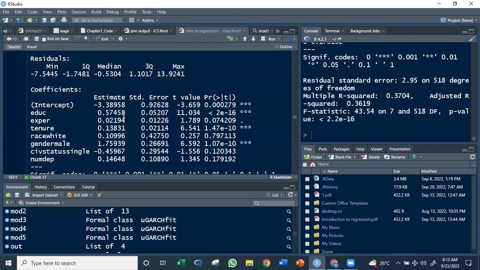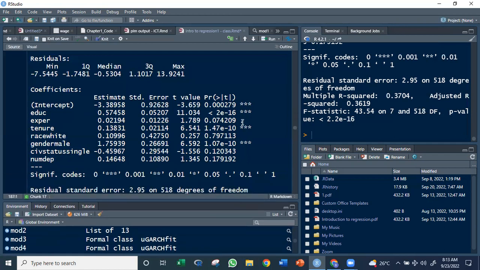All right. Education, we see that for every 1 year increase in education, there's a corresponding $0.57 increase in hourly wage, ceteris paribus. Experience, we have one dot here, which means this is significant at 0.10 or 10%. Education is significant at 0.1% or 0.001. The standard usually followed is a 5% significance level, so there should be at least 1 star here as far as R is concerned.